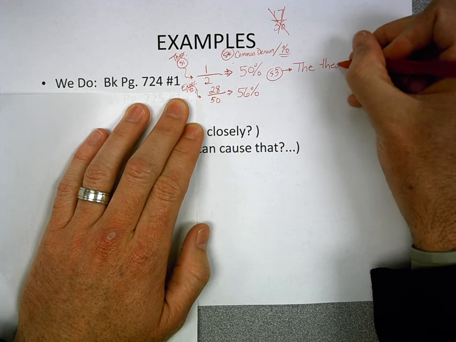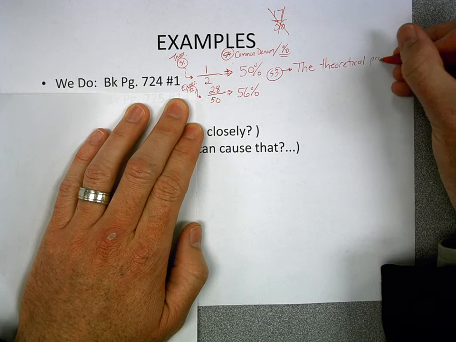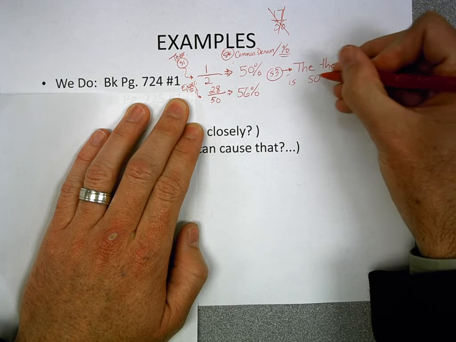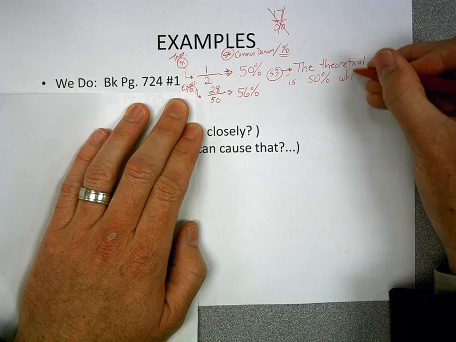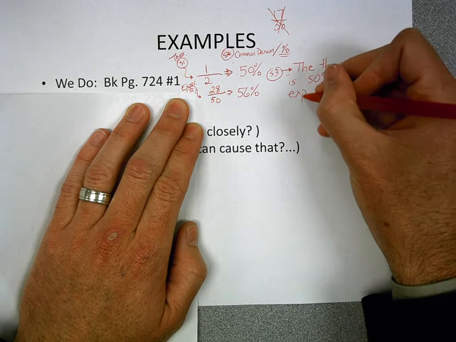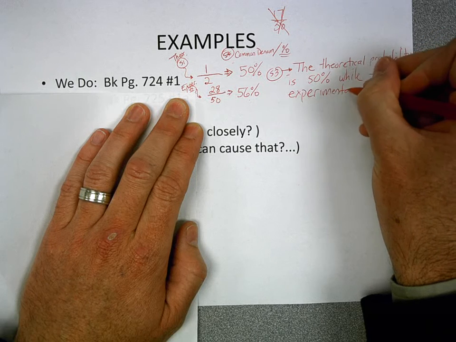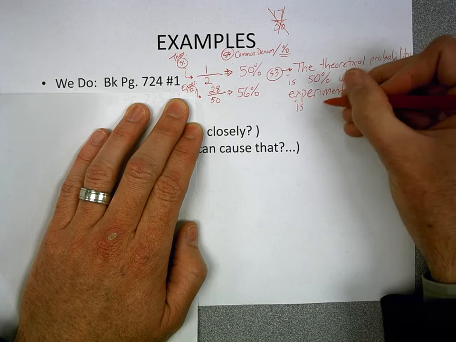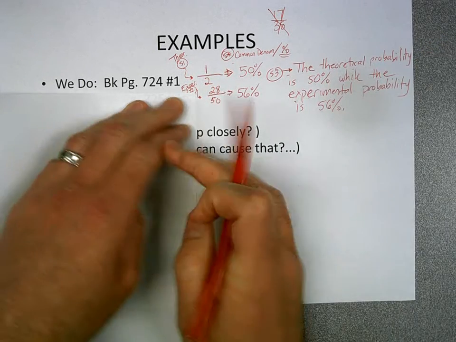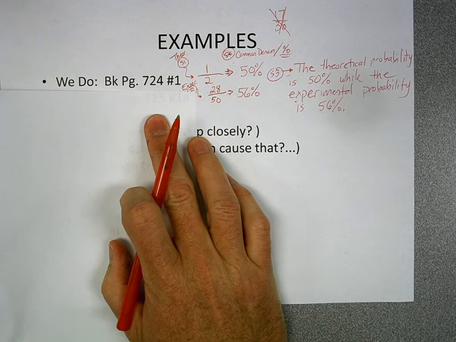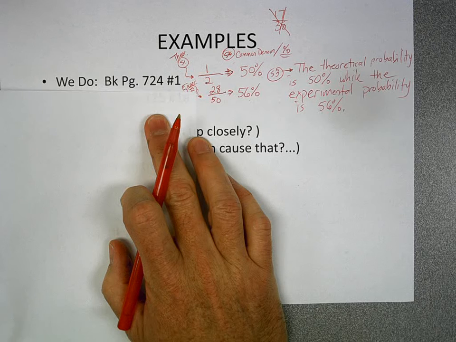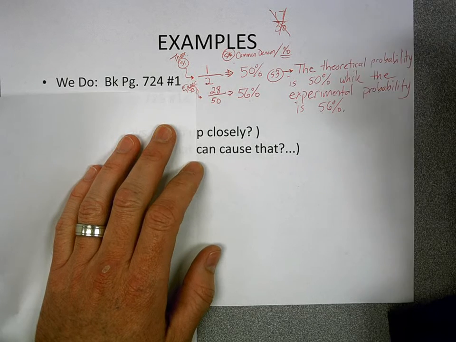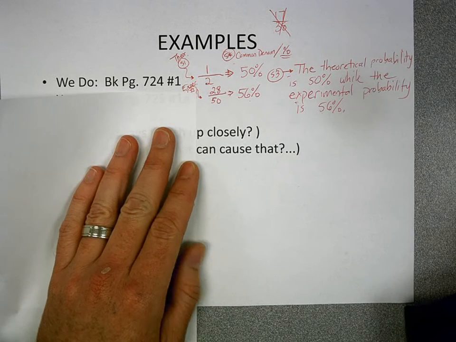The theoretical probability is 50%, while the experimental probability is 56%. And that's all they're asking the first time around. They're actually pretty close to each other. 50%, 56%, very, very close. It's not like one's 50% and one is 90% chance of happening.